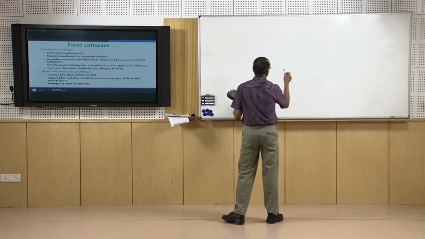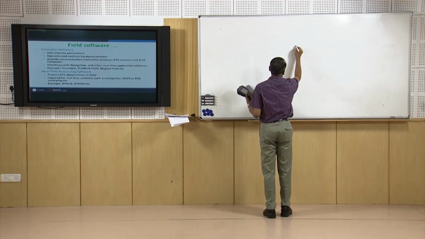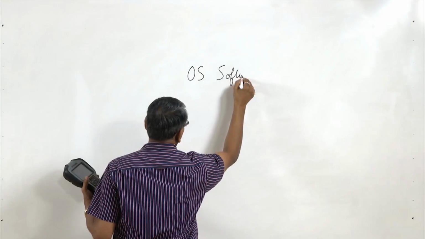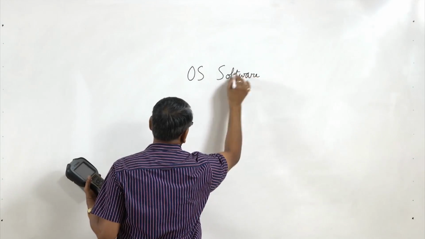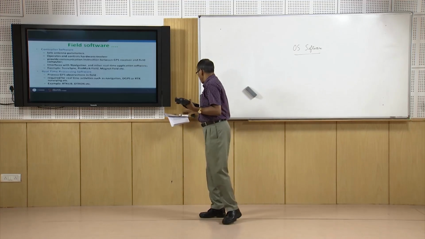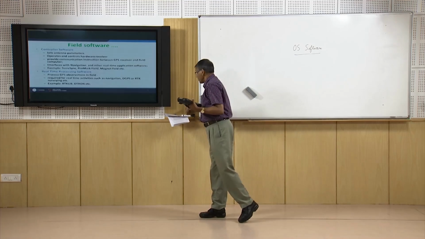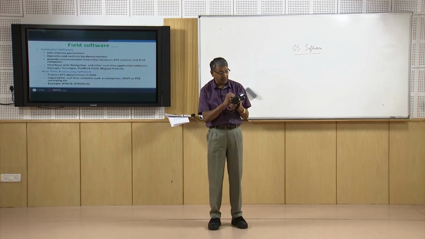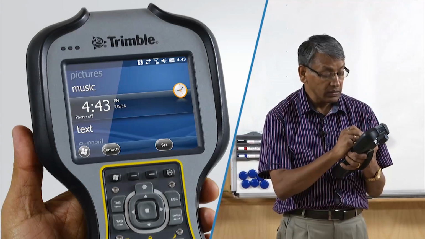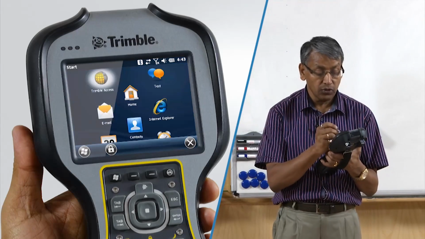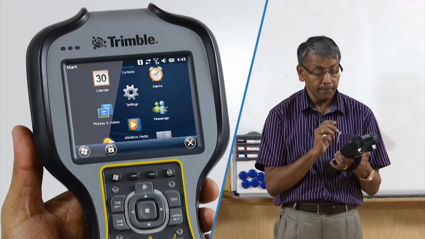Now let me tell you about the operating system software that is working inside this controller. In order to know what operating system software is working inside this controller, first we have to click start, then click settings.